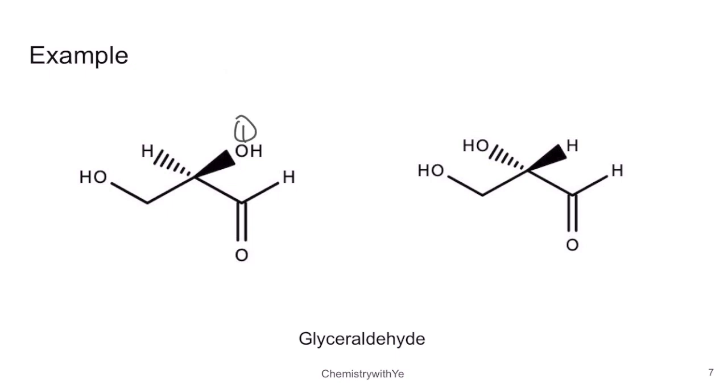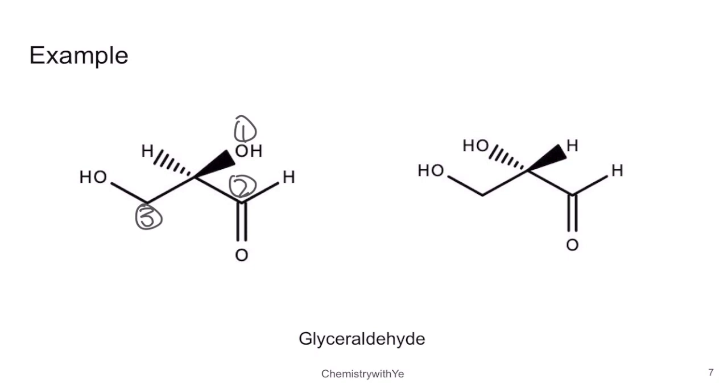So next we compare the 2 carbons. This carbon is bonded with an oxygen, and this carbon is bonded with 2 hydrogens. And since oxygen is greater than hydrogen, this aldehyde group would be the 2nd priority, and the other 3rd.